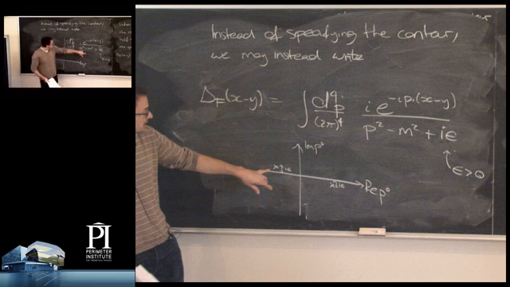Well, now the poles are when p0 squared is equal to p squared plus m squared minus I epsilon. So figure out where the poles are, and they're slightly off the axis by an amount that's roughly proportional to I epsilon.